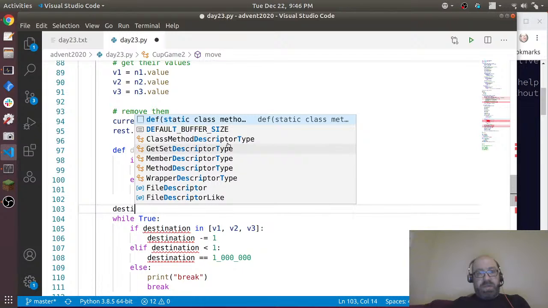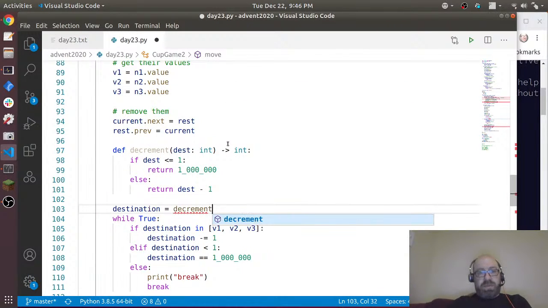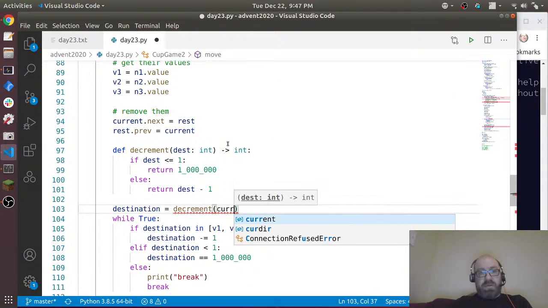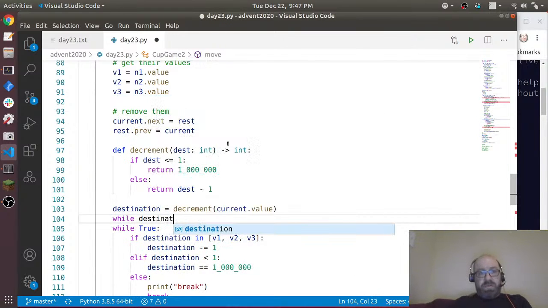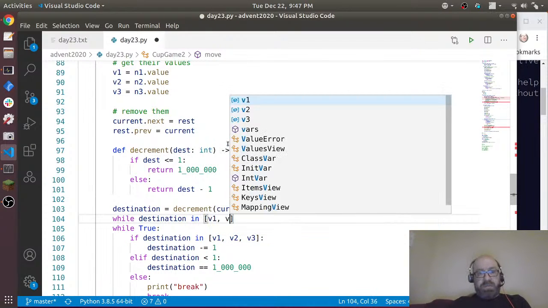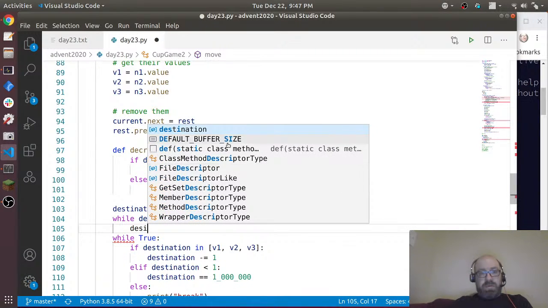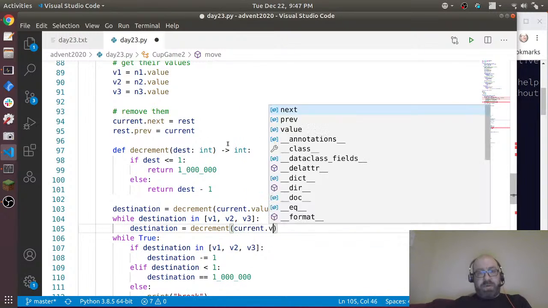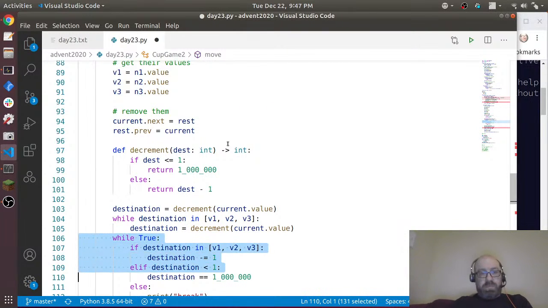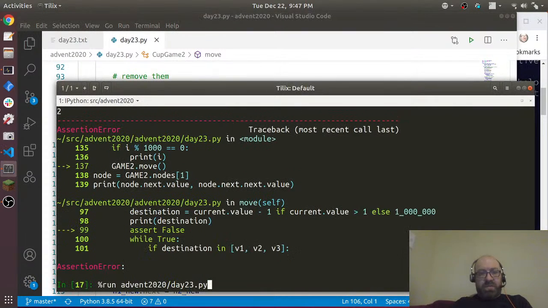And so let's say destination equals decrement current value, and while destination in v1, v2, v3, destination equals decrement current value. Let's see if that works.